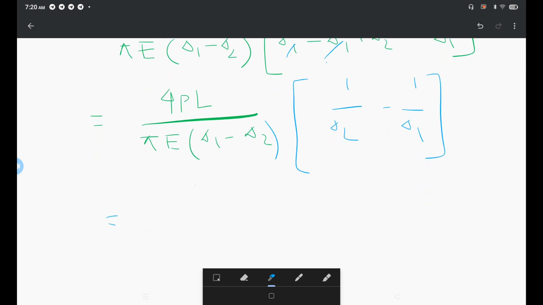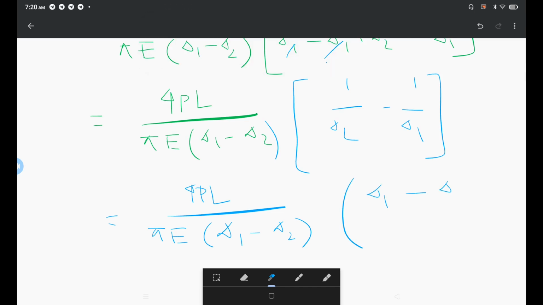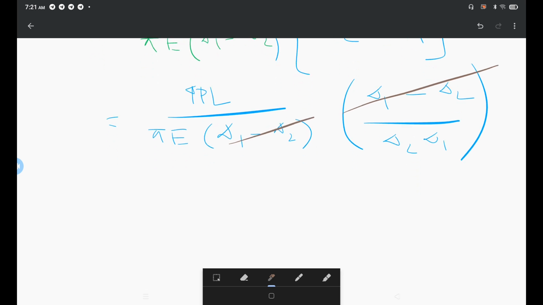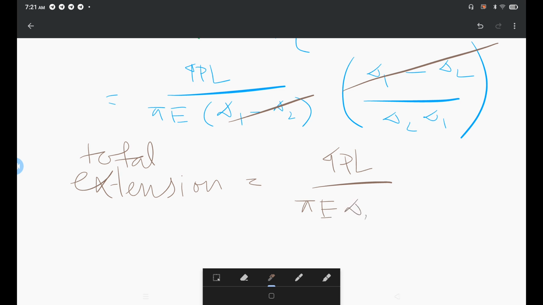This part will be (d1 minus d2) upon d1 d2, and this will cancel out. So the formula for total extension will be 4PL upon pi E d1 d2.